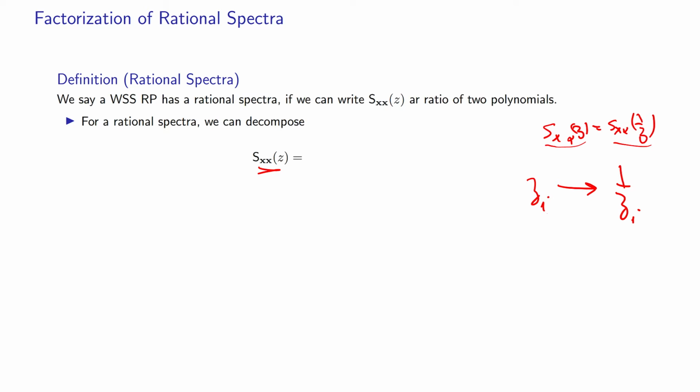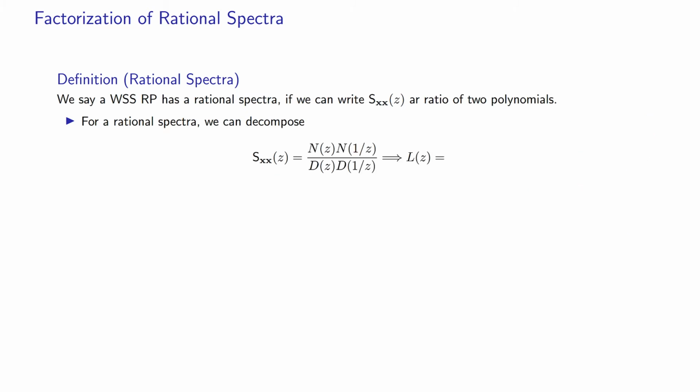Or if z_i makes this infinity, 1/z_i also makes it infinity. So in that case, you can decompose this into two functions. The numerator can be written as a product of two functions, and because of this property, this is equal to S_xx(1/z), and likewise for the denominator.